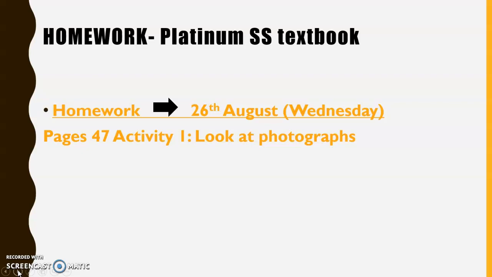Number 1A says, list all the foods you can see. Please list the foods going down. I know that my girls will be writing different foods in different colors. I really don't mind. Just, if you can, skip a line just to make your work look really, really neat.